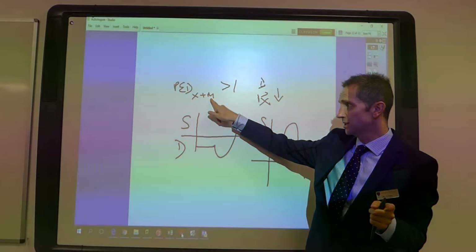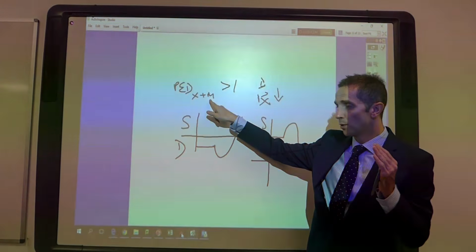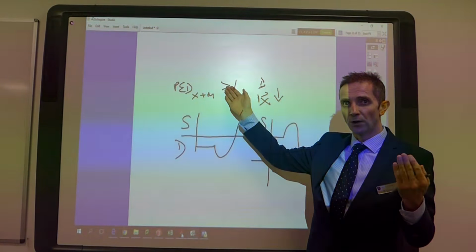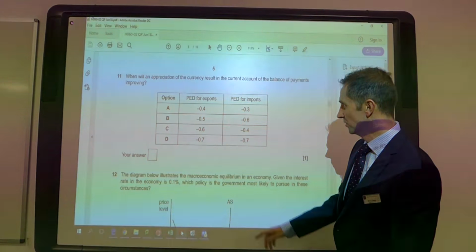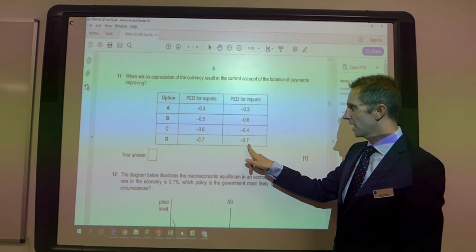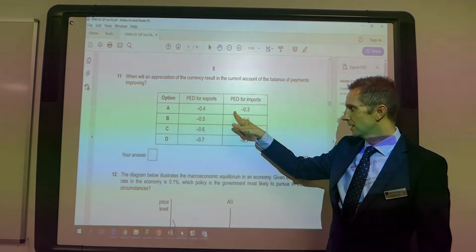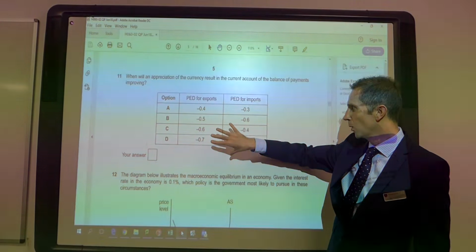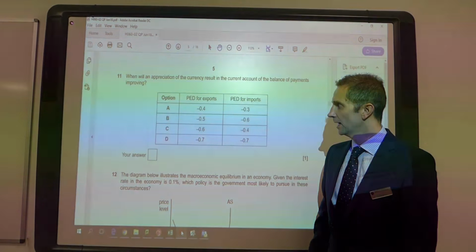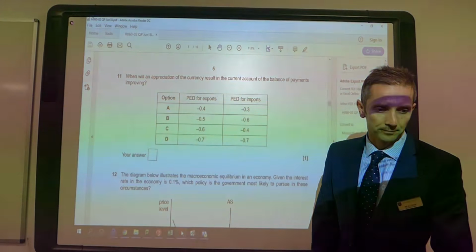In other words, if the price elasticity of demand for exports and imports was not greater than 1, i.e. was less than 1. And so let's look at the options, and the only scenario where that is the case is option A, minus 0.4 and minus 0.3. The rest is either 1 or equal to 1. Hence, A is the answer.